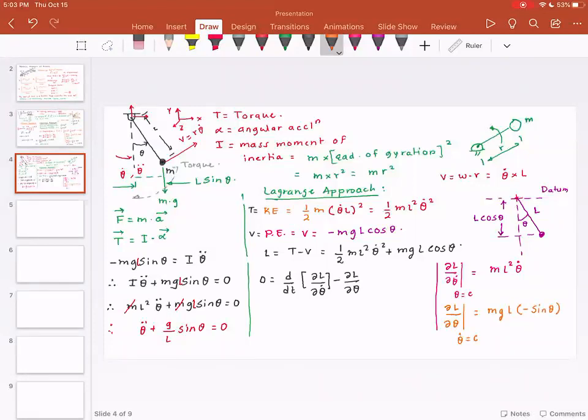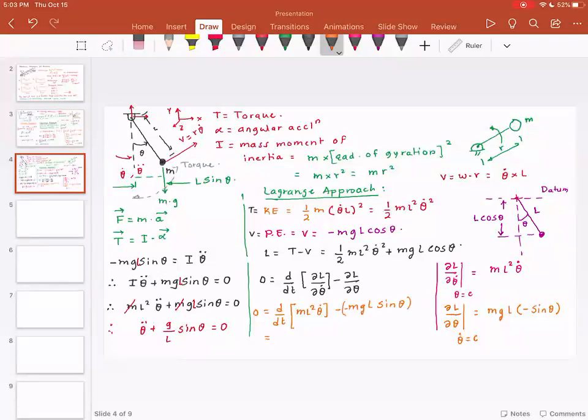So I have this equation, and I'm going to substitute these values over here. D by dt of partial L by partial theta dot is ml square theta dot minus mgl sine theta. Let's not forget that there is a negative sign here.